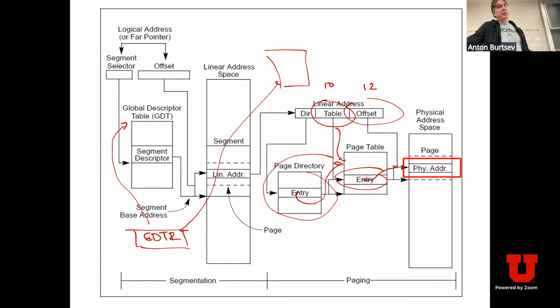However, as we will see later, on x86 segmentation is not used that much, really. All the segments will be configured with the base of 0, and all the limits will be 4 gigs. So they will provide access to the entire address space. And since the base will be 0, you add 0 to the offset, it doesn't change anything.